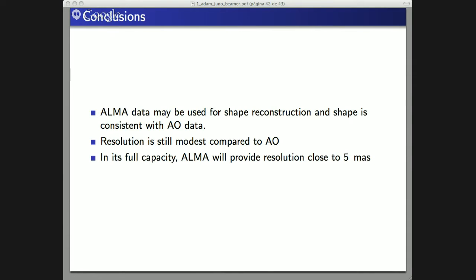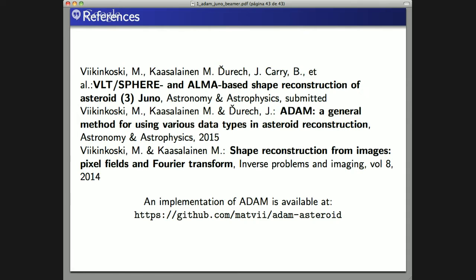And finally, references. The work about Juno is submitted to A&A, via the SPHERE and ALMA-based shape reconstruction. And then there are two other articles about ADAM, and this article is more application-oriented, and this one published in Inverse Problems and Imaging is more about theory, about shape reconstruction. So, thank you.